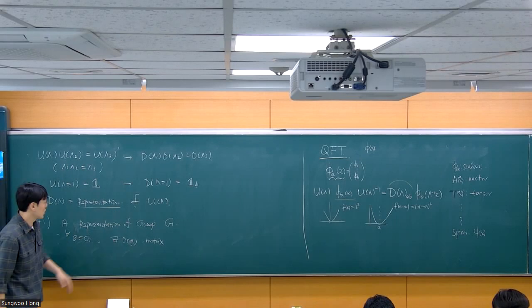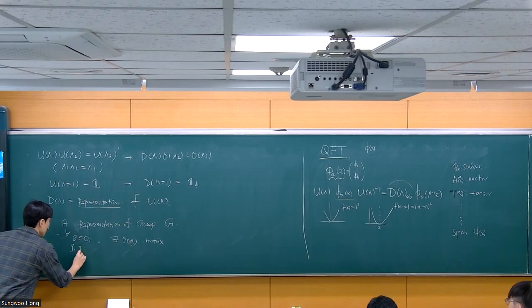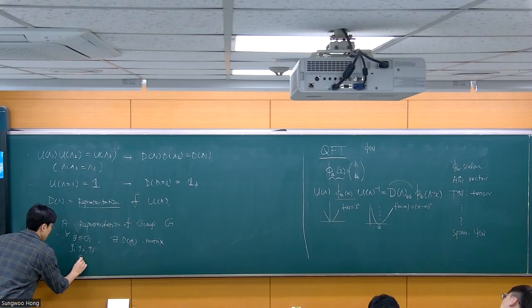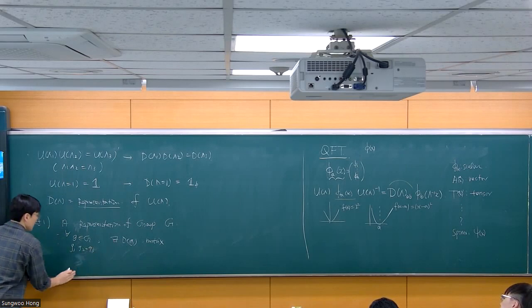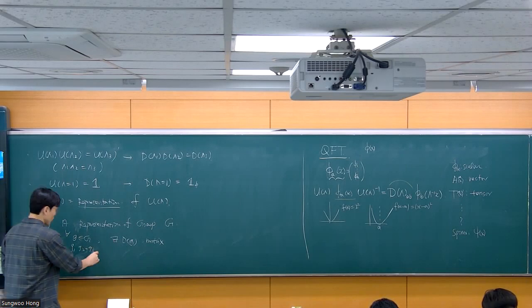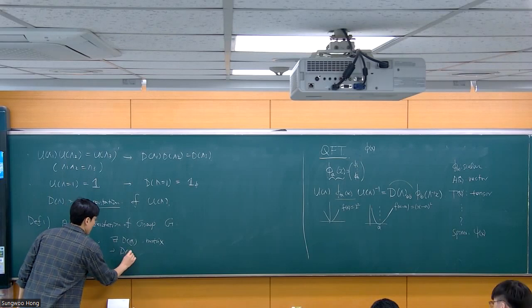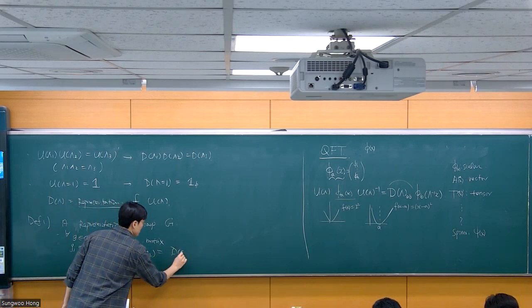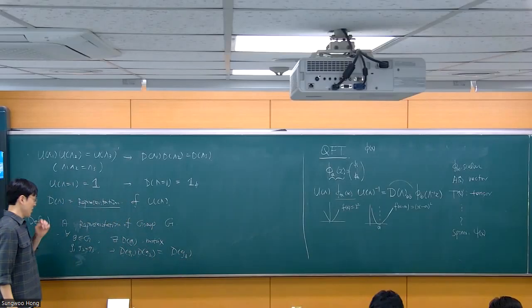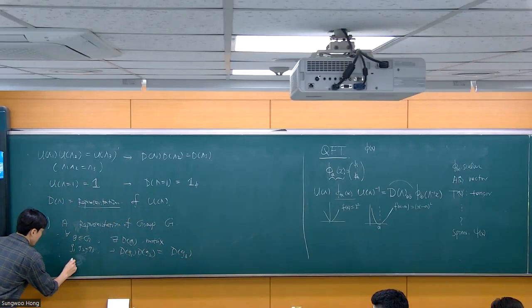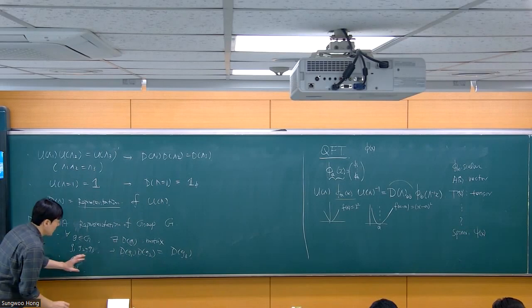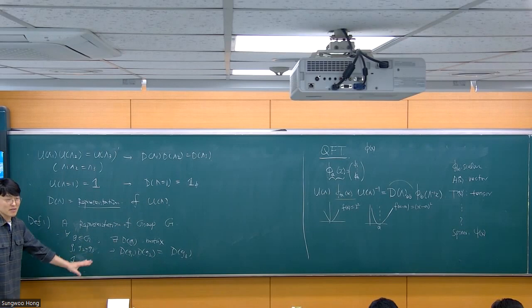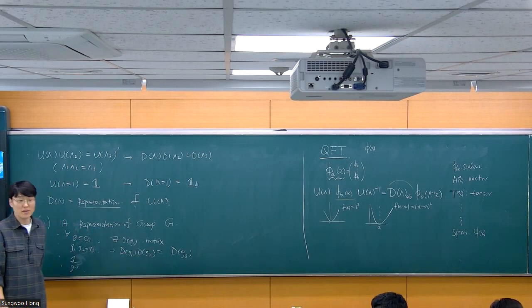Obviously, since I'm talking about a group, given g1, g2, and g3 that satisfy g1 times g2 is g3, group multiplication, the representation has to fulfill the multiplication rule. And then obviously there is an identity, there is an inverse, there is associativity, the axioms of a group.